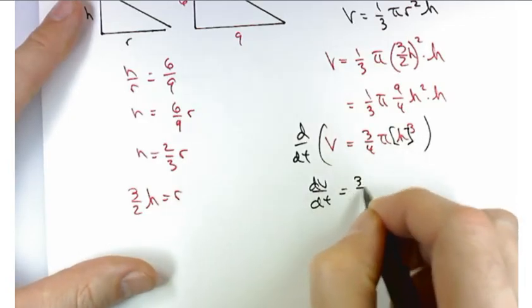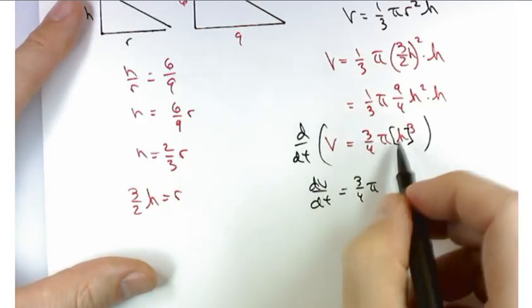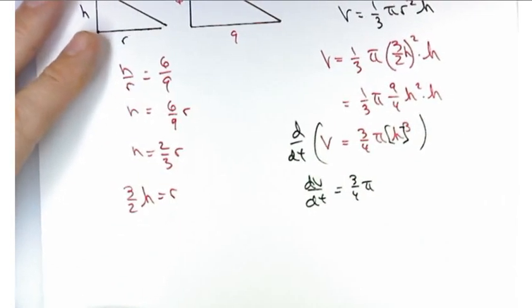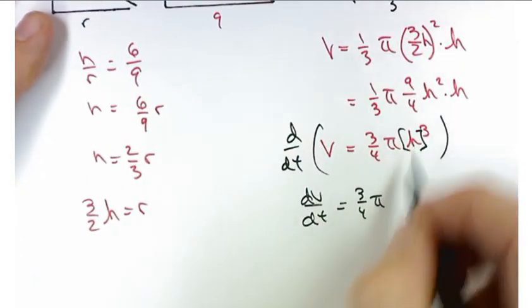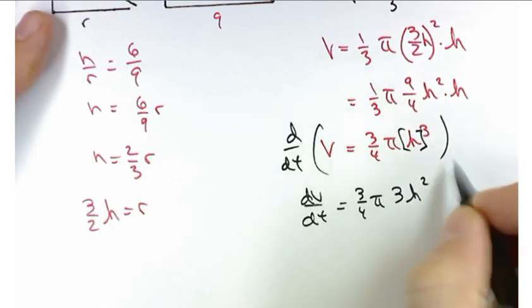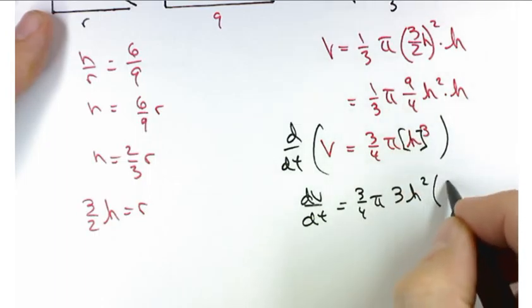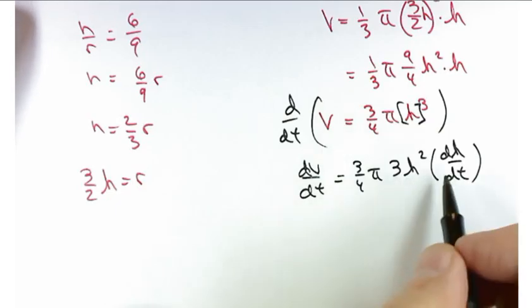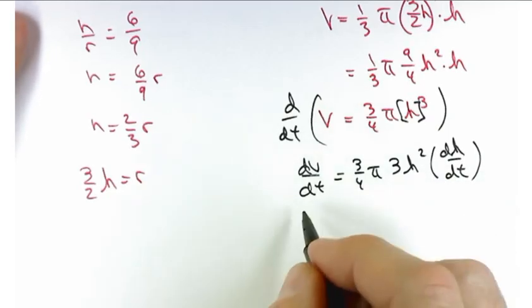So we'll ignore the 3/4 pi, because that's a constant. The derivative here is going to be 3 times h to the second power times the derivative of the inside. And the derivative of the inside is my dH/dt. Now let me clean this up real quick, and then we'll put in our knowns and solve for our unknown.